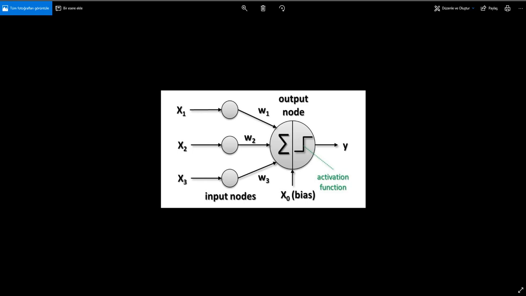You will see what I meant before, because there are some inputs, weights, some math, and also a bias. We will see later what the bias is, then the activation function, and the output.